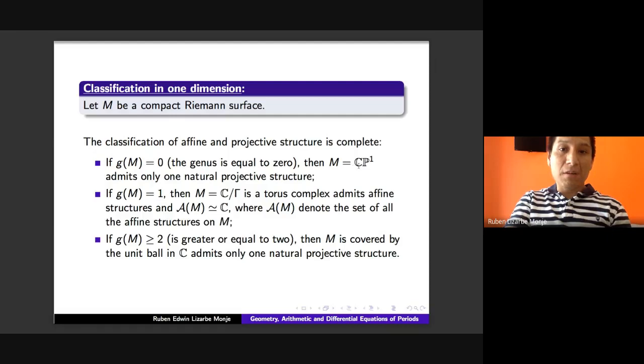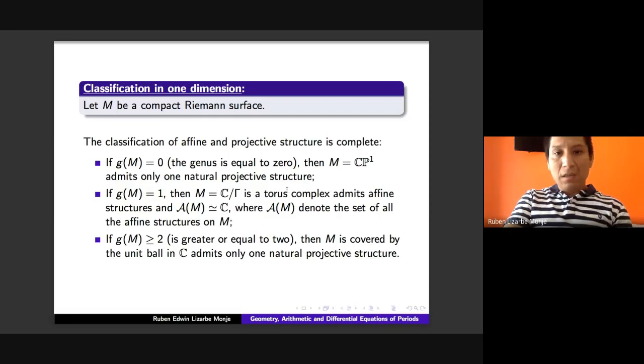then M is CP^1, and it admits only the natural projective structure. If the genus is equal to 1, it is a complex torus and admits an affine structure. The set of all affine structures is isomorphic to C. If the genus is greater than or equal to 2, M is covered by the unit ball, so it admits one natural projective structure.